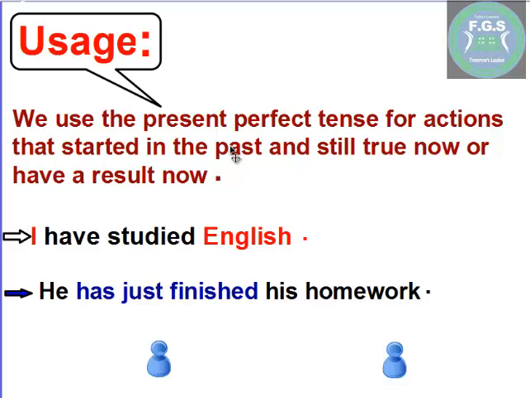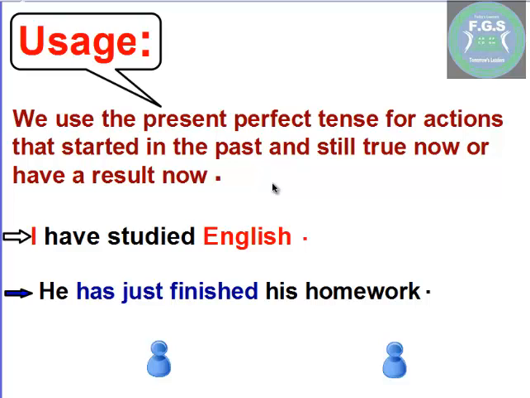We use the present perfect tense for actions that started in the past and are still true now or have a result now. As we see in the previous pictures, in picture number 1 the road is dry, so we used the past simple because the action started and finished in the past.